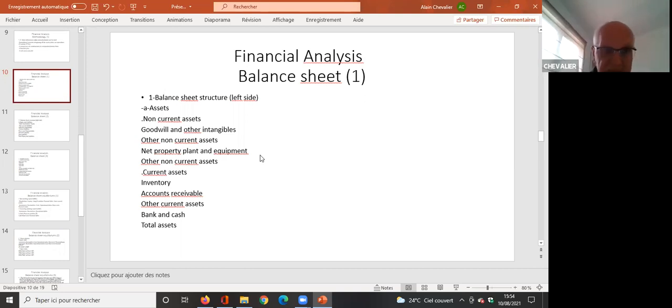That means you can start either by the non-current assets, like the goodwill, the plants, the equipments, and at the end, the bottom, you have the bank and the cash, or you can start by the bank and the cash, and at the end find the goodwill, the intangibles, and so on. So it's just a question of presentation. All the data, even the accounts, are the same.